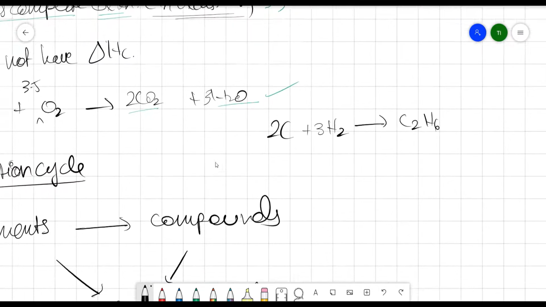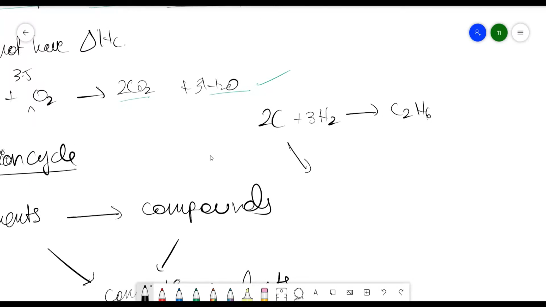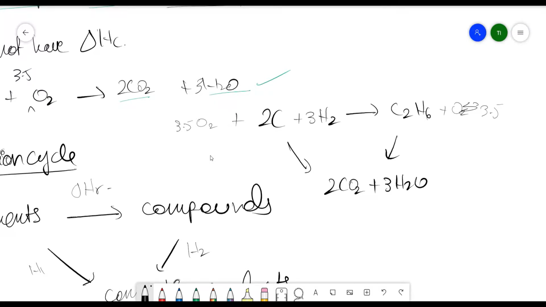Now if you combust both of them, the combustion products in the end will be the same: 2CO2 plus 3H2O, and you add plus 3.5 O2 here, because you're having to combust it, right? So you can treat it the same way, add an H2 here, an H1 here, and in this case it's an enthalpy change of reaction, which can also be the enthalpy change of formation, because from the elemental stage you're converting it to a product. I hope that makes sense.